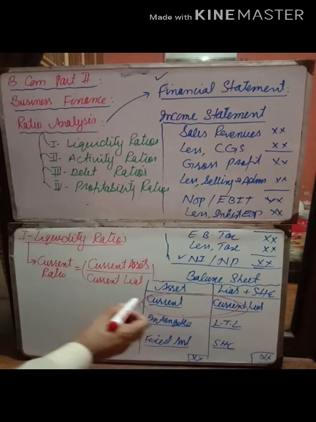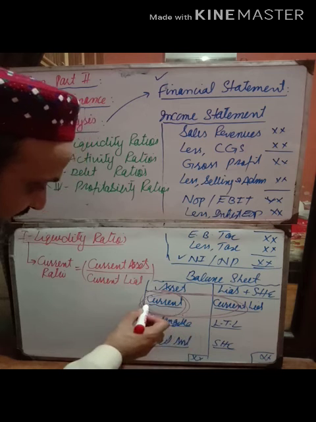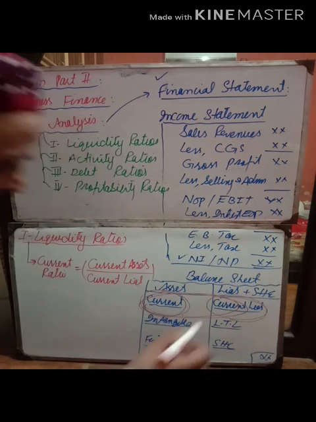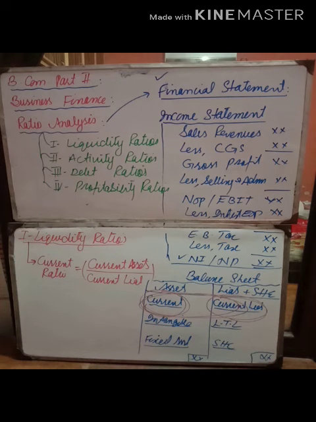It means this part of the balance sheet, total current assets, will be divided by this part, total current liabilities. We divide the current assets over current liabilities, then we get the current ratio. This figure may then be compared with our previous performance or with the performance of our competitors.